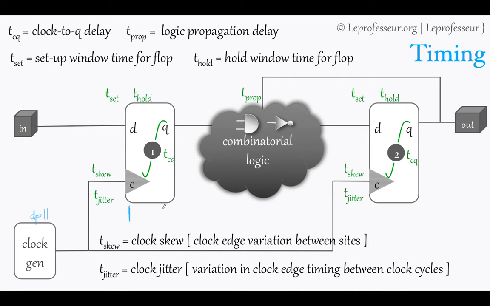Ideally we expect the clock to arrive at the same time T1 at both flops, but in reality it may not. It may have, say, T2 time, and that causes the skew.